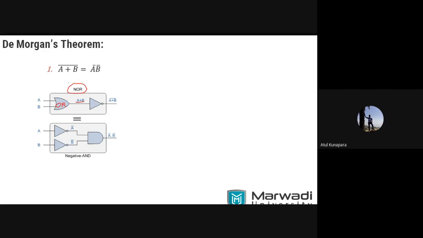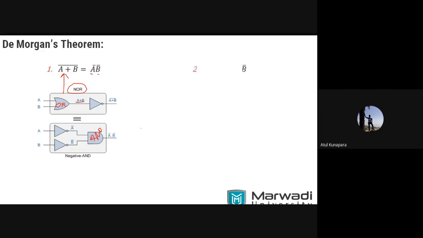So if you perform NOR operation of your two signals A and B on the left hand side, it will be equal to, if you perform the AND operation here, this is the AND gate, so it will be performing AND operation of your A bar and B bar. So that's what it says: if you perform AND operation of your A bar and B bar, they both will be equal. That is what De Morgan's rule is, right?